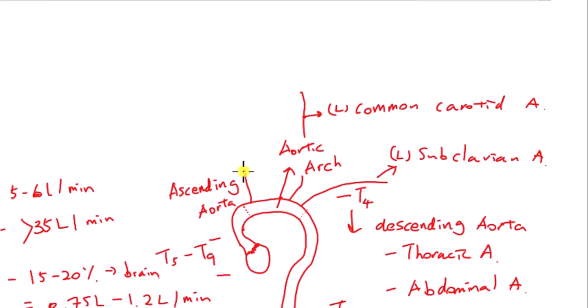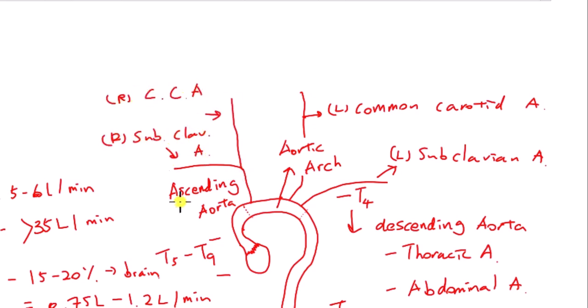The brachiocephalic trunk that rose on the right side of the aortic arch divides into the right subclavian artery and the right common carotid artery. The right subclavian artery supplies the right upper limb, and the right common carotid artery divides into the external carotid artery and internal carotid artery.